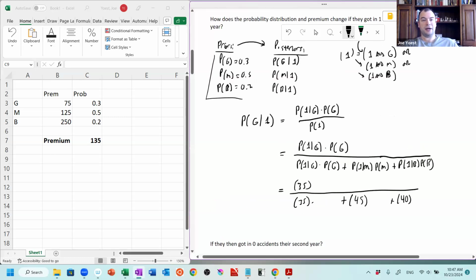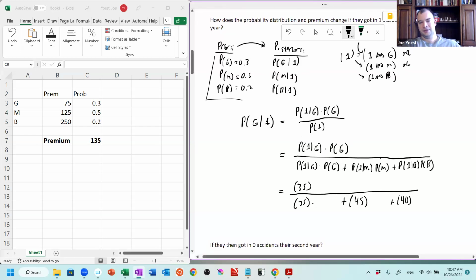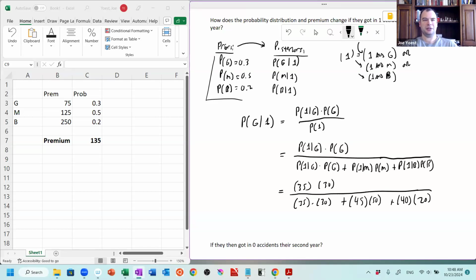And my prior, prior to this new piece of information that I'm trying to incorporate here, their prior probability of being good is 0.3, or let's just call that 30%. We'll put that here and there. Their prior probability of being a moderate driver is 50%. And their prior probability of being a bad driver is 20%. So I'm just treating the percents in both of these factors as though they were units, and they just all divide out.